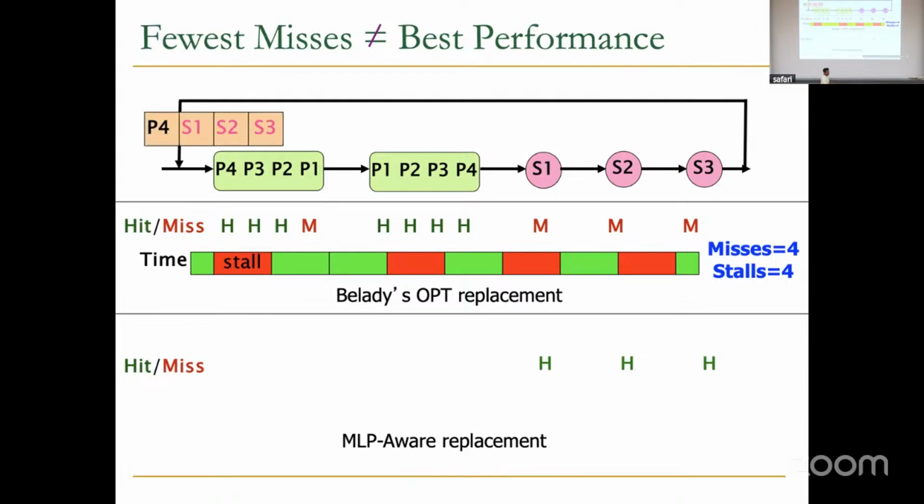So I'm going to save them. The MLP-aware replacement policy would do this: once it sees all of these, they would already be there, and P4 is going to be the only one that you see in the cache. So now with this cache state, if you look at this blob of accesses, you're going to see that P4 is going to be a hit and the rest three are going to be misses.